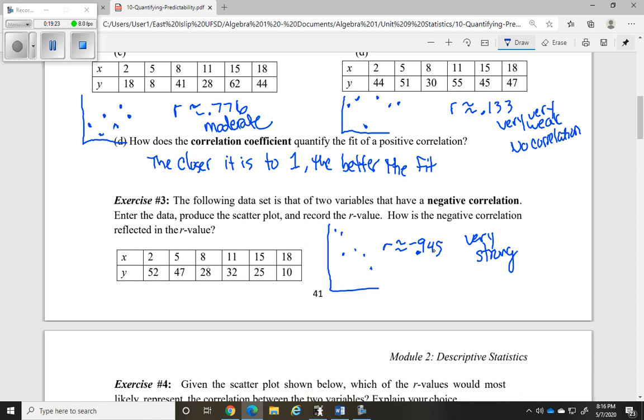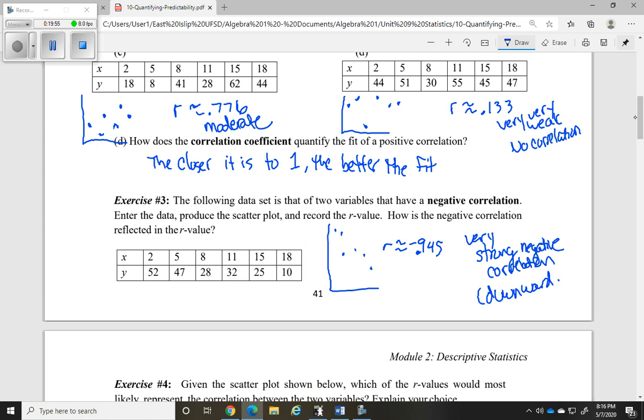The negative represents it going downward. If it's positive, it represents it's going upward. So this has a very strong negative correlation, and it's because it's going downward. Okay, the negative sign tells you which way the slope is.